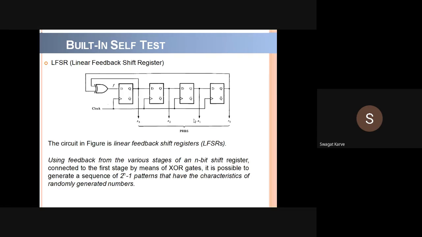The differences are the operating speed and the area of the chip used for the parallel LFSR and serial LFSR. So there is only a design difference between the parallel and serial linear feedback shift register.